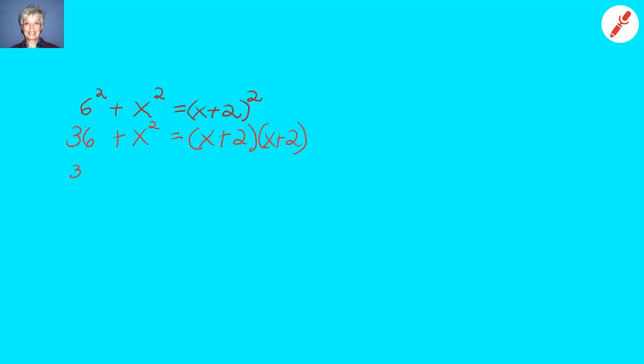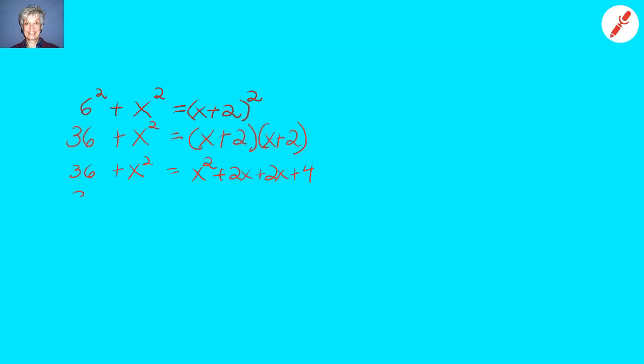So we'll have 36 plus x squared equals x squared plus 2x plus 2x. Well, I'll do it the long way. Outside is 2x, inside is 2x, and last is 4.